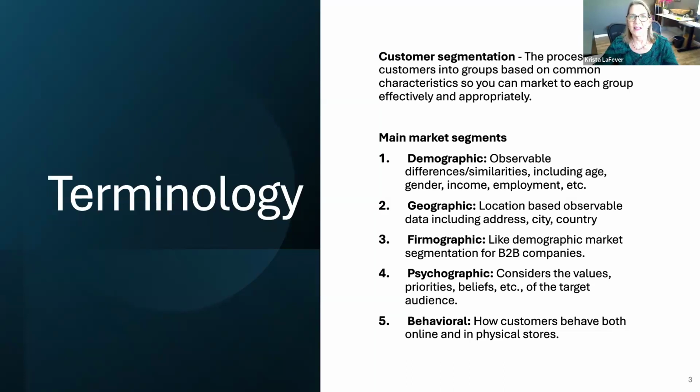We've got customer segmentation, which is the process of dividing customers into groups based on common characteristics so that you can market to each group effectively. And we'll be talking about demographic, geographic, firmographic, psychographic, and behavioral market segments.